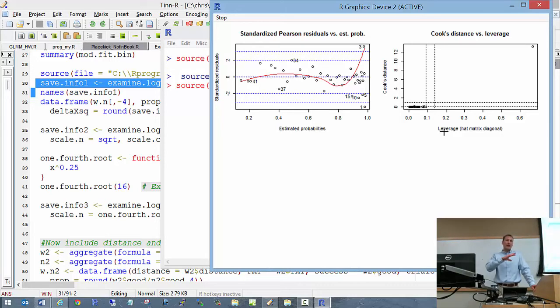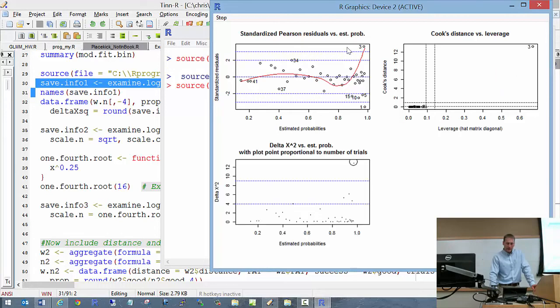A Cook's distance larger than about 1.5 indicates maybe I have an influential observation. And notice there's only one point that's above that Cook's distance horizontal line, similar with the leverage lines too. If I left click on it, observation number 3 pops up again. Once I'm done clicking on observations, I right click, stop.